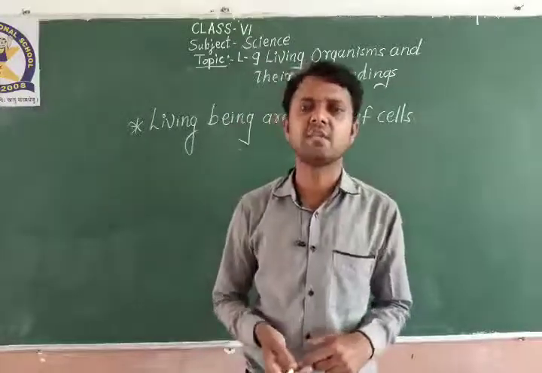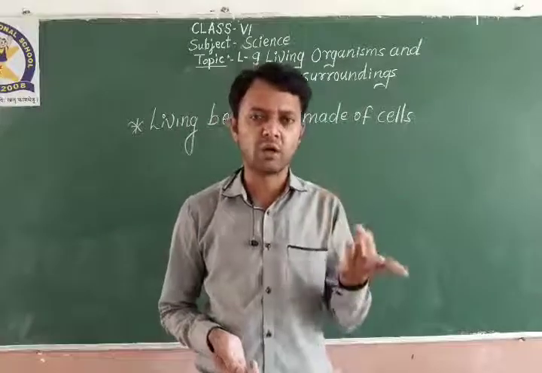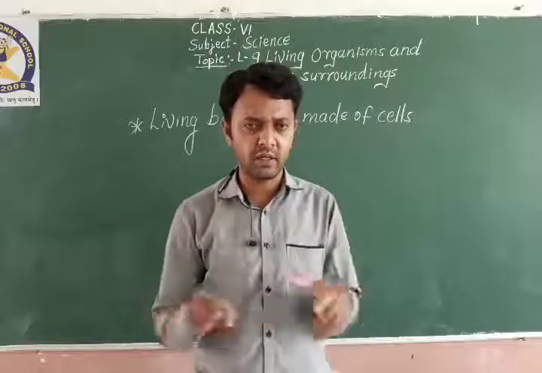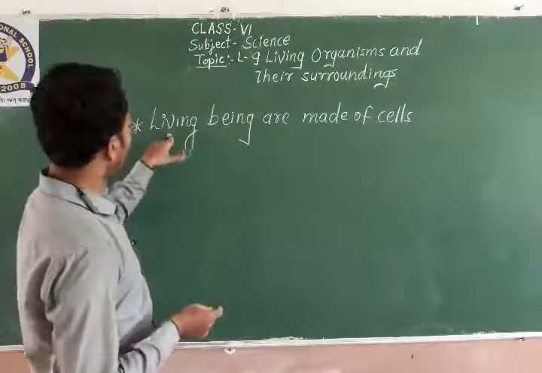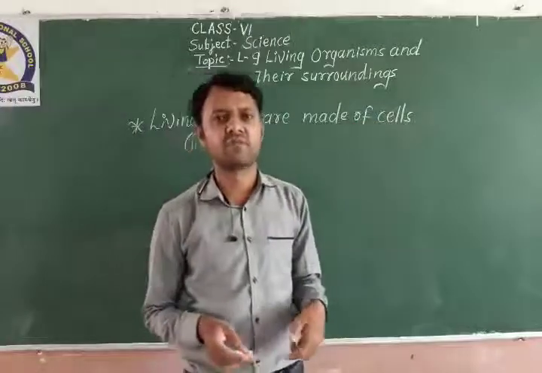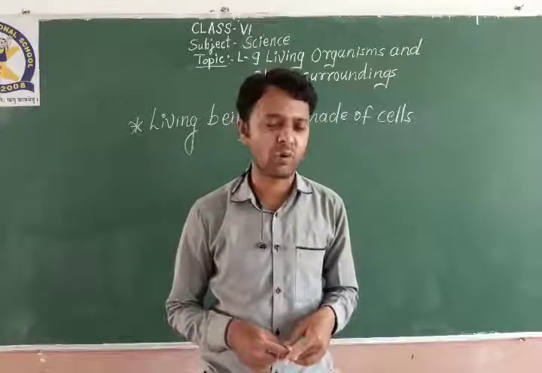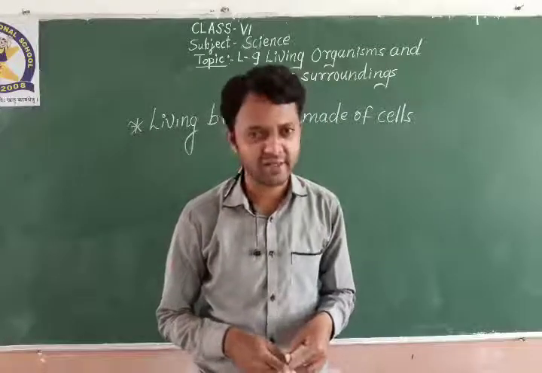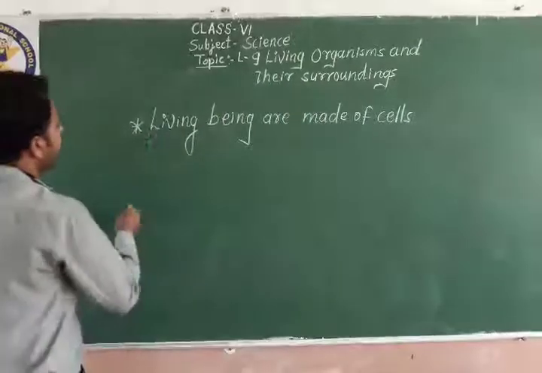So that sequence you always need to remember: cells, tissues, organ systems, and the human body. So here, living beings are made of cells. The first difference. Cars or machines are not made up of cells, right? Second, living beings obtain energy.